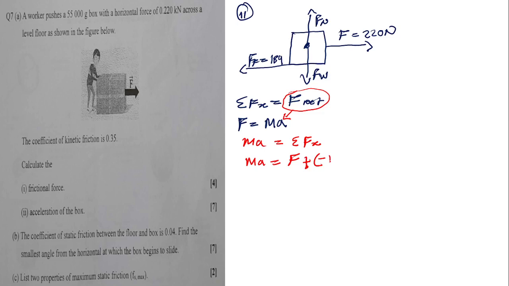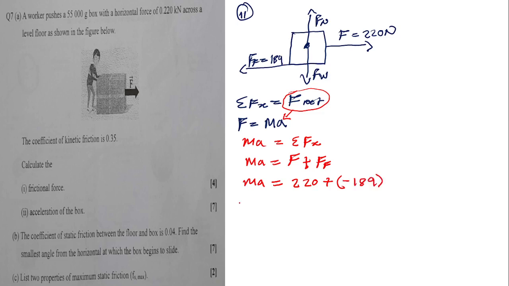189, which is the frictional force. Let me write that in that particular way. MA is equal to the force we have there, 220, plus the friction force, which is in the other direction, so it will be negative.